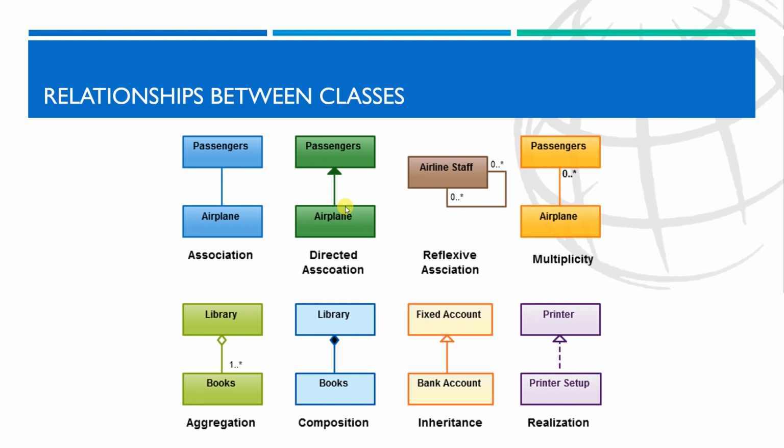In the same example, books will remain so even when the library is dissolved. To show aggregation in a diagram, draw a line from the parent class to the child class with a diamond shape near the parent class.